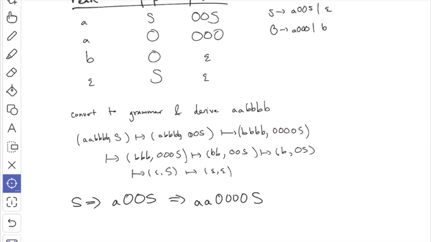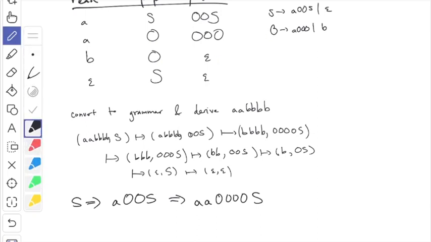And then from here to here, I read B, pop 0, push epsilon. That is the same as 0 goes to B. So I send the first 0 to B. Actually, I'm going to do that 4 times, right? In fact, this is easy. Maybe this one is not so hard to do just by looking at the grammar. I'm going to turn each of those zeros into B. ABB 00S.